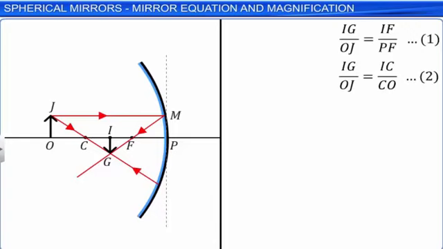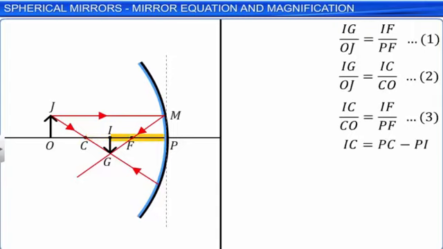But from the ray diagram, we can write IC is equal to PC minus PI, where CO is equal to PO minus PC and IF is equal to PI minus PF.